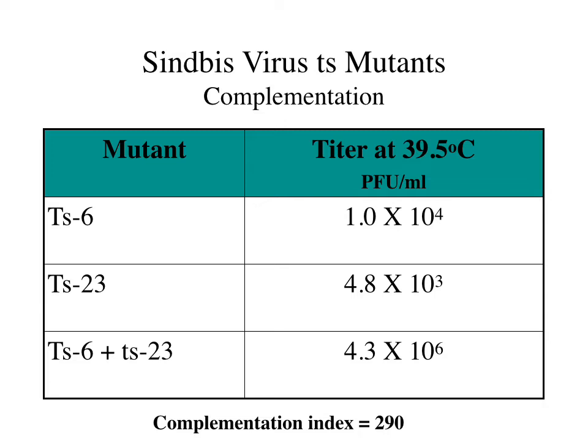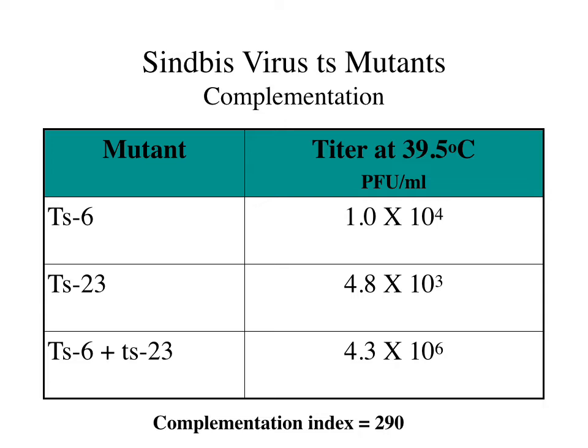But if you do a co-infection, TS6 plus TS23 at non-permissive temperature, then you get a higher production of virus than when either one was grown at non-permissive temperatures alone. And that was because of complementation. The complementation index is the ratio of yield of mixed virus growth to the sum of the yields of a single infection. So in this case, the complementation index is 290.